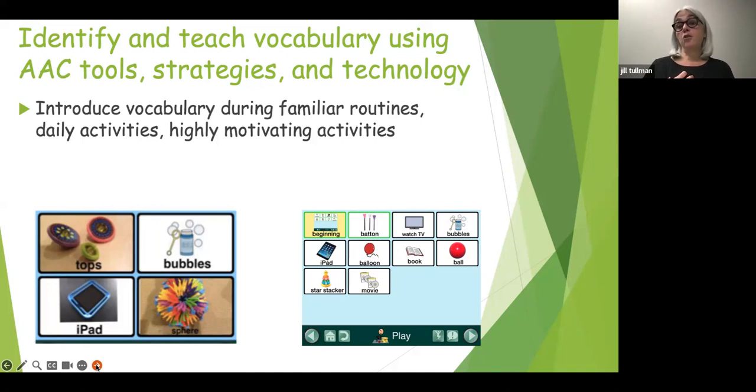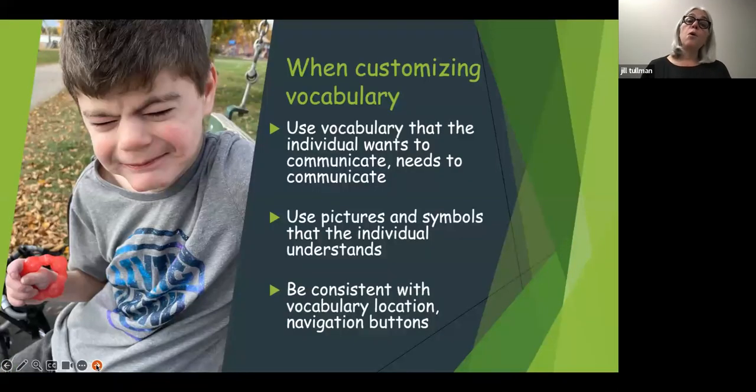Because if I'm not interested in something, you've lost me before we've even started. So when customizing the vocabulary, and one more time, I'm going to say it, we want to use vocabulary that the individual wants to communicate and needs to communicate. We want to use pictures and symbols that the individual understands.